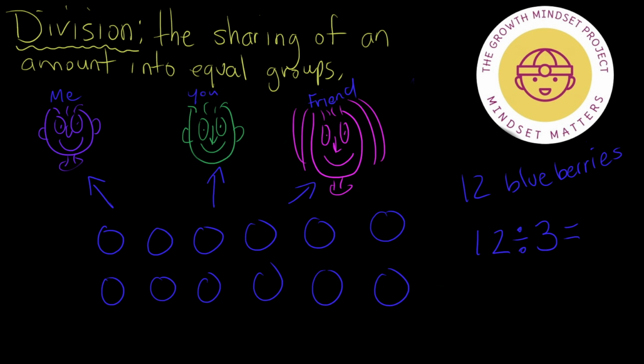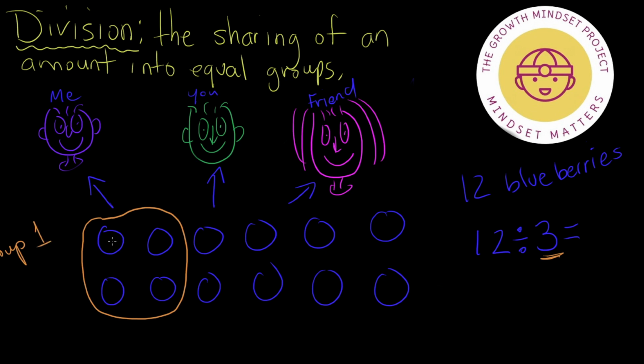So we need to ask ourselves, can we divide these 12 blueberries into three equal groups? Well, sure we can. Here's group 1.